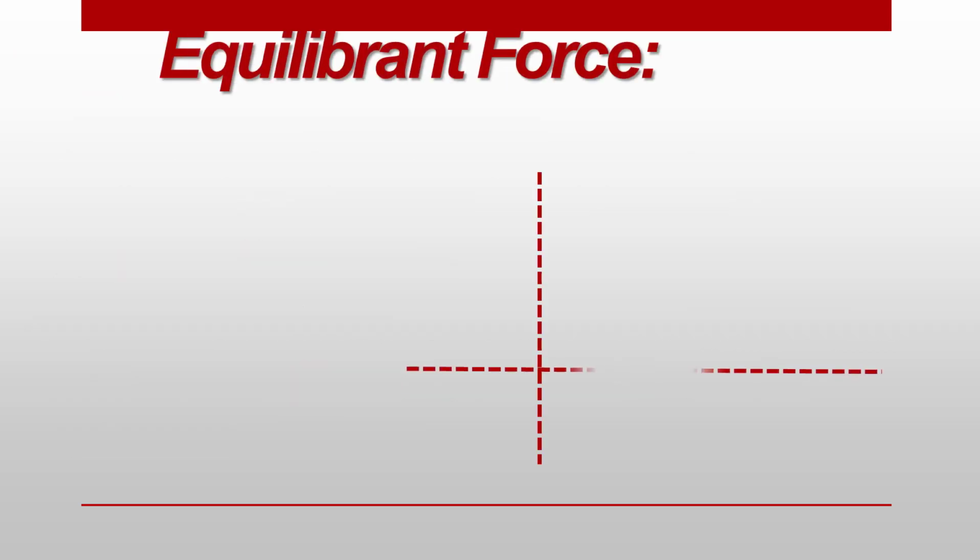For example, say we have two forces, F1 and F2. We draw these two forces, and they are concurrent, because their lines of action pass through a common point. We have to draw the resultant first. Let's say F1 is 763 Newton.